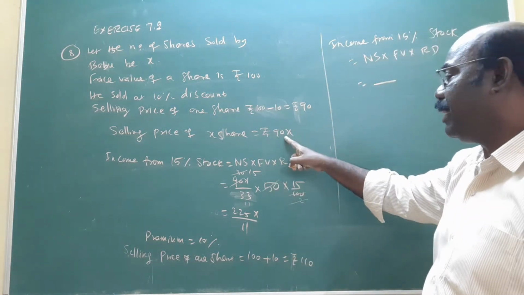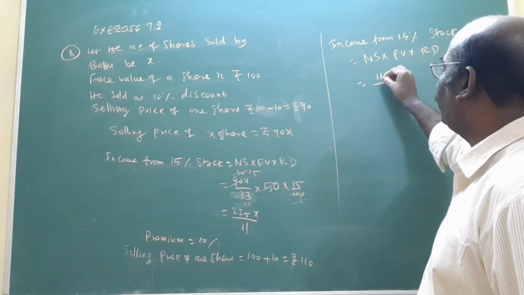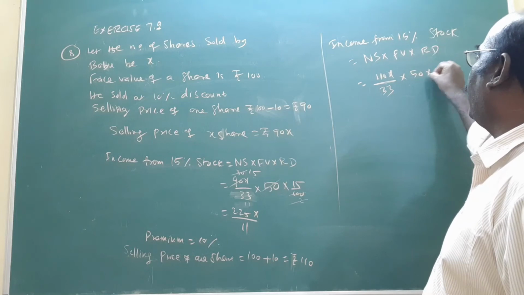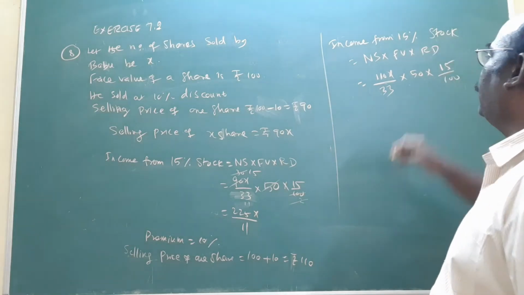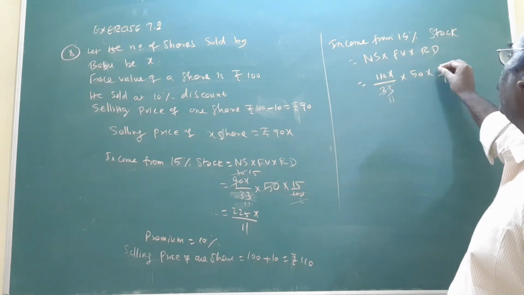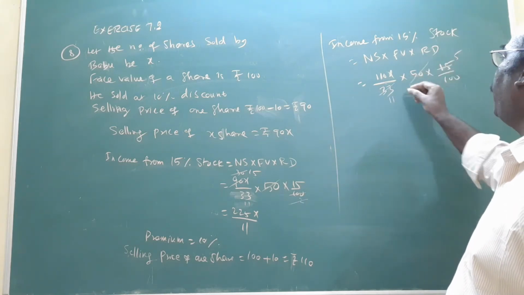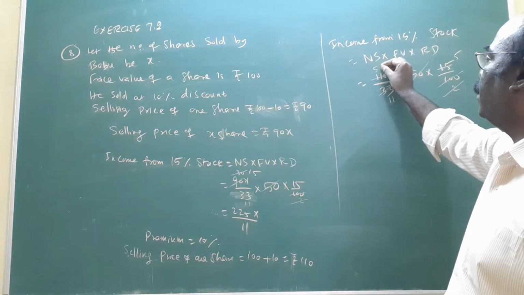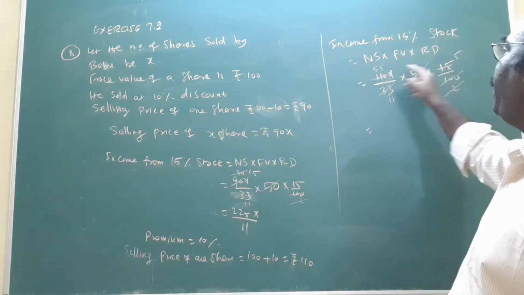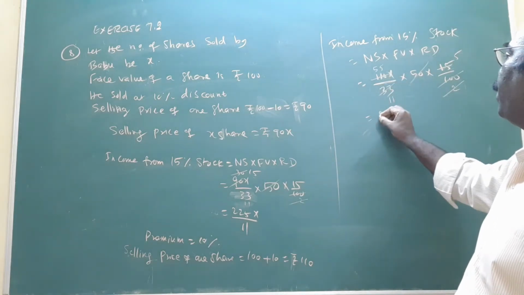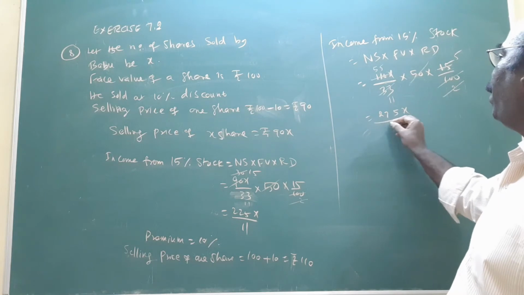Previously 90x, here 110x by 33, the same thing. The face value 50, here 15 by 100. Am I right? 3 table, 11 times, 5 times, 1 times, 2 times. Am I right? Now multiply 5 into 55 equals what? 275. 275x by 11.